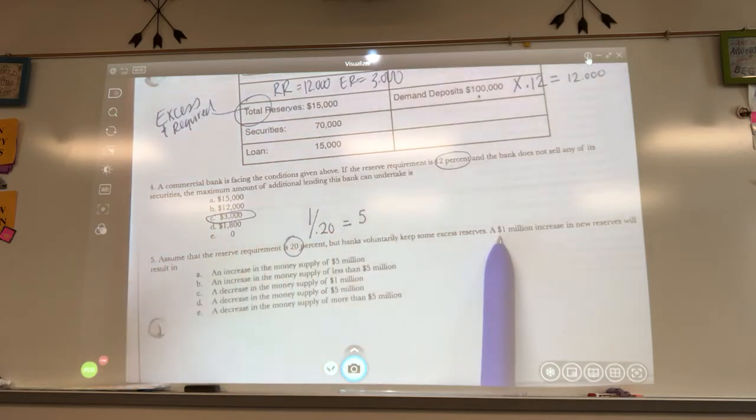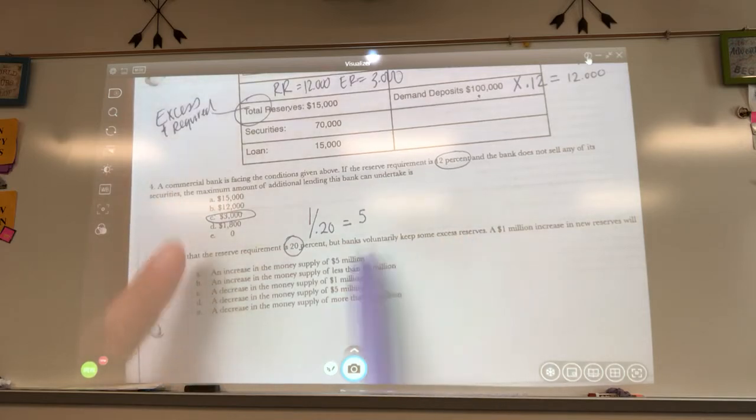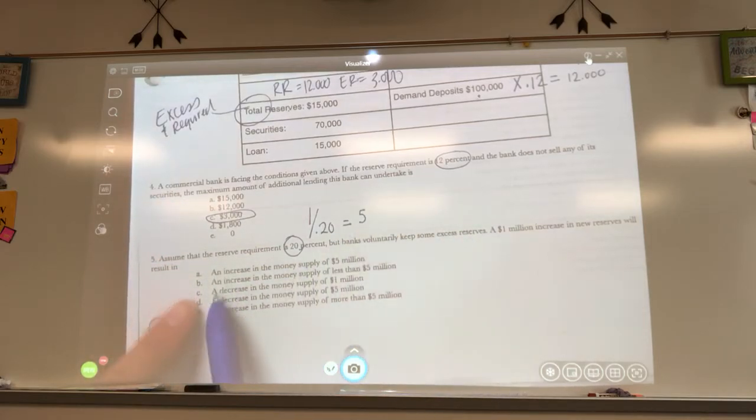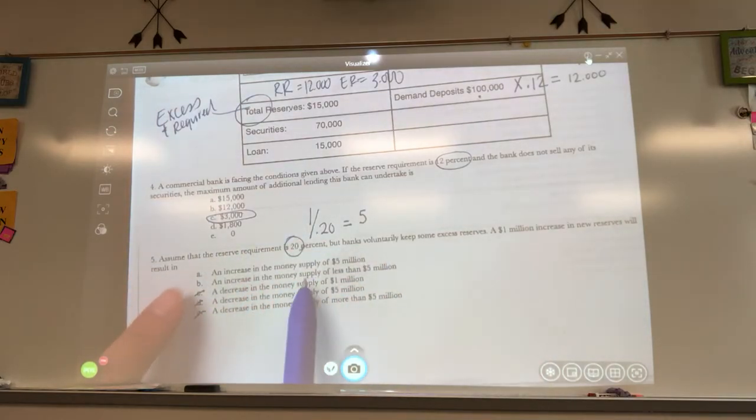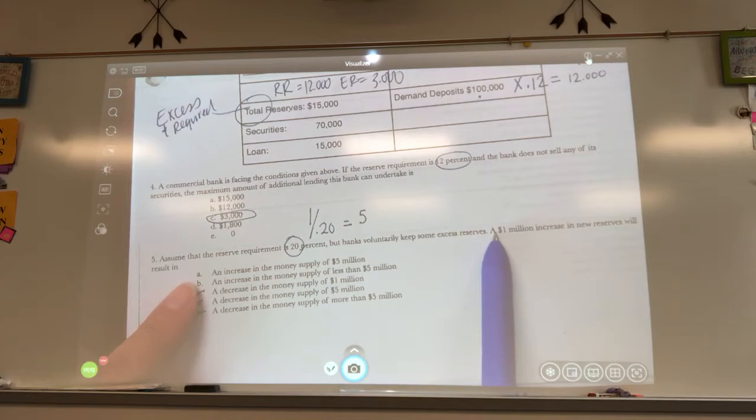So, I could take 5 times a million, right? Because I know that it's gonna be less once I take that required reserves, right? So, will the money supply decrease? So all of these can be eliminated. I know it's gonna be an increase, right? So is that money supply gonna increase more than 1 million? More than 5 million?